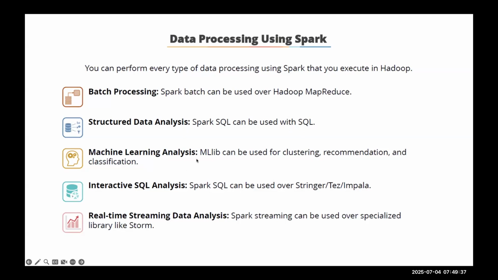MLlib, this is the machine learning part. You can do clustering, recommendations and classifications. These are the types of things we do in machine learning. Clustering is not a library, you can think of it as a kind of algorithm. Clustering means you make clusters of similar groups.